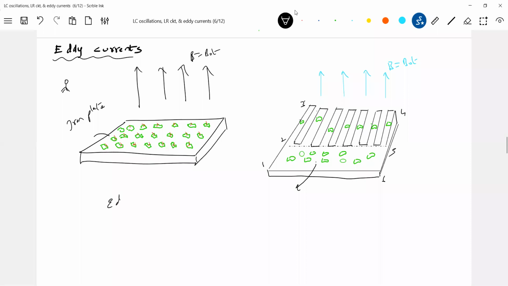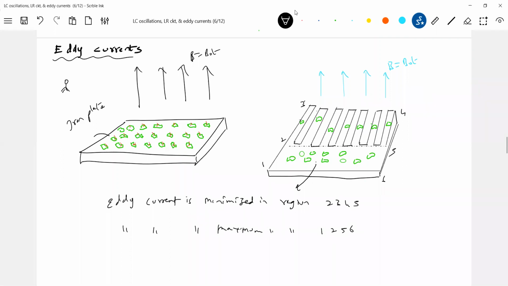Eddy current is minimized in region 2, 3, 4, 5 because I'm not permitting the current to complete the loop, because of slicing here. And eddy current is maximum in region 1, 2, 5, 6. So how to minimize eddy current? This is a method.